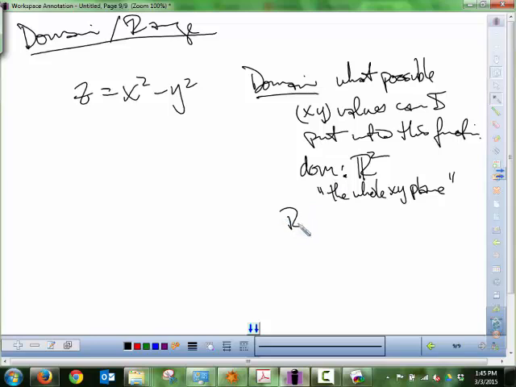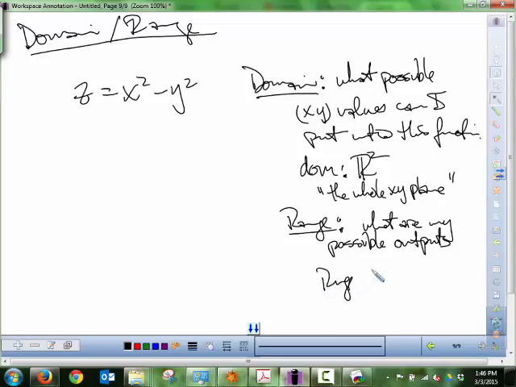Okay, the range, sometimes it's called codomain, so it depends on the book and how they talk about it. The range is all the possible outputs. What are my possible outputs? And for this case, how should we put range?